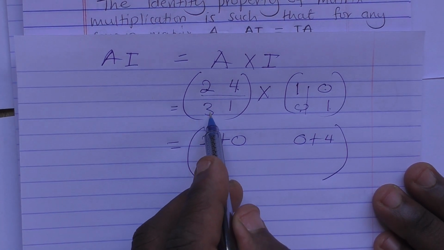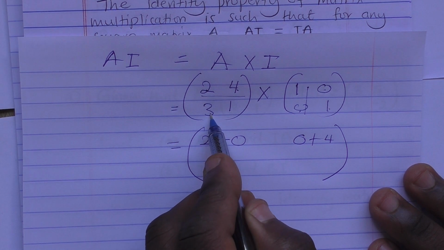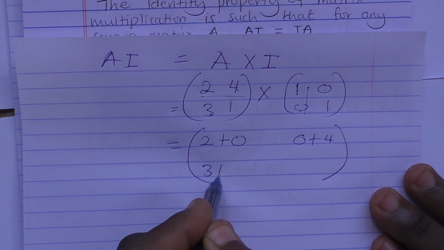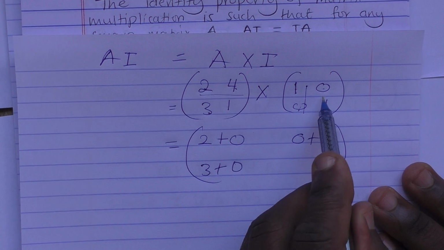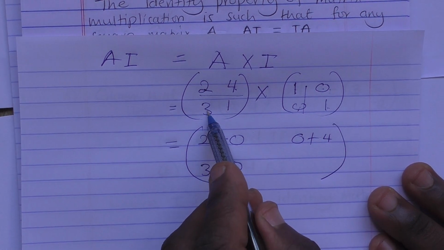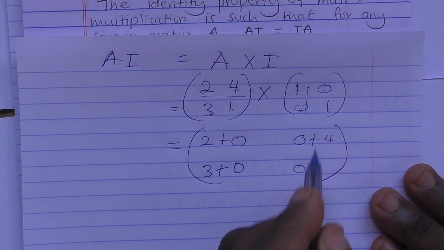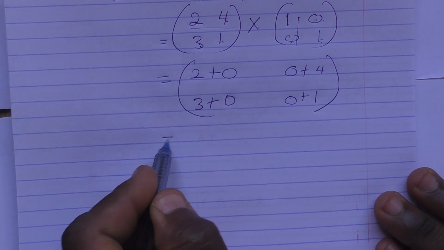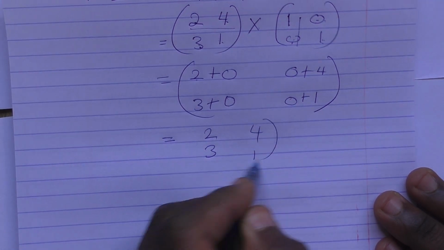Then we multiply the lower row: 3 times 1 is 3, plus 1 times 0 is 0. Then the second column: 3 times 0 is 0, plus 1 times 1 is 1. So from there, we get 2, 4, 3, 1.